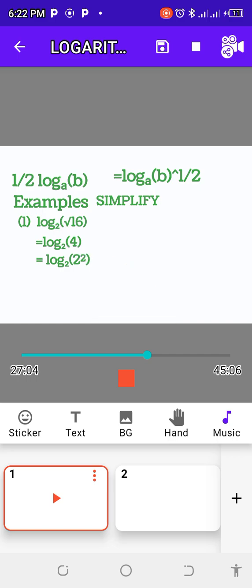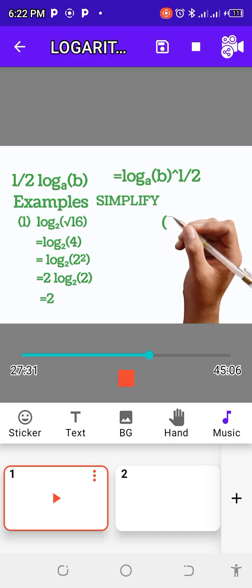Log 4 base 2 is the same thing as log 2 raised to the power 2 base 2, which is equal to 2 log 2 base 2. And 2 log 2 base 2 is the same as 2 times 1, which is equal to 2.